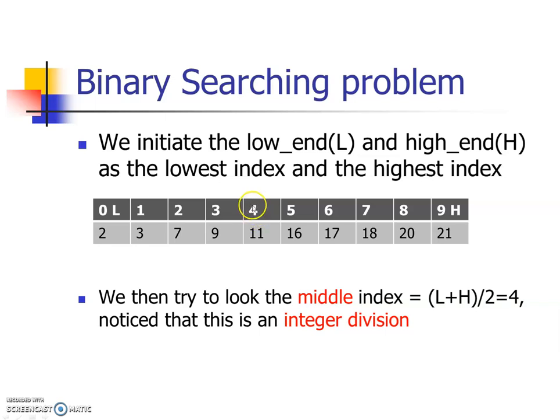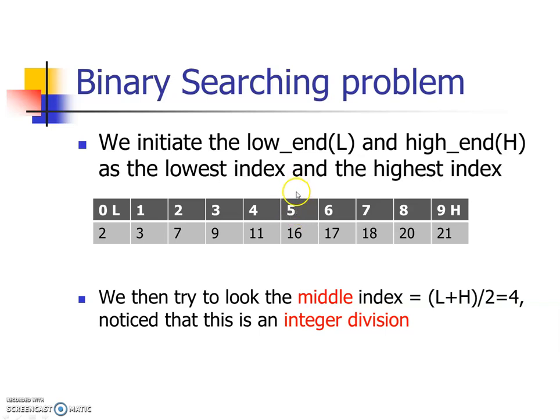That is the middle location we want to look at. So if we get the middle index of 4, understanding the value is 11, compared with our x, which is 16, we know that the element needs to be on the right side of the array. So what we will do is move our low index to the right side of the middle index. So middle plus 1 will equal our low index.